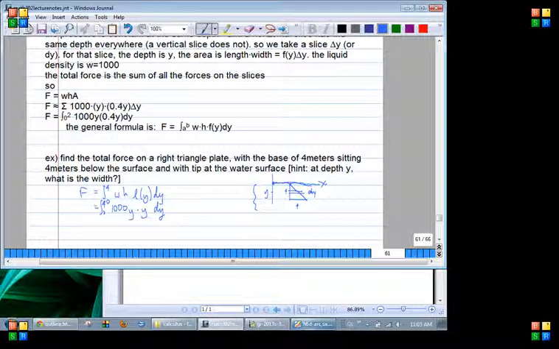So if we reorient this, so this is positive y and this is positive x, we're really drawing that. So when the depth is 0, the width is 0, and when the depth is 4, the length across is 4.